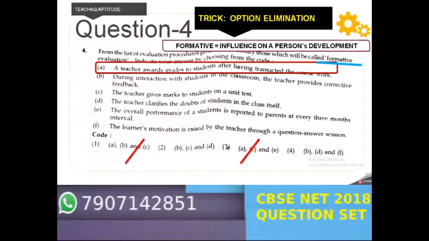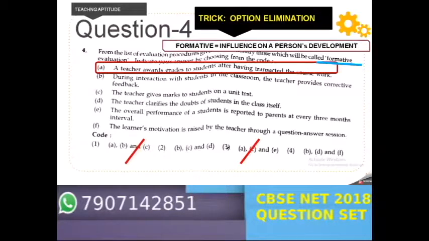Development of a person means gradual, step by step, day by day, week by week development. If you give a grade to a student after the course completion, it is not a successive or gradual productive development for a student or a person. So option A is not the right statement for formative evaluation. That's why I eliminated option A from the first option and also option 3.